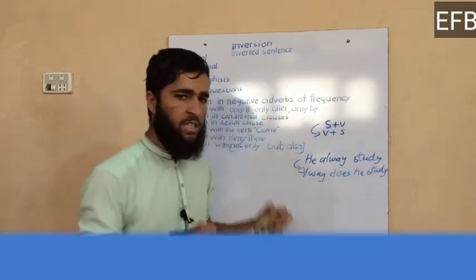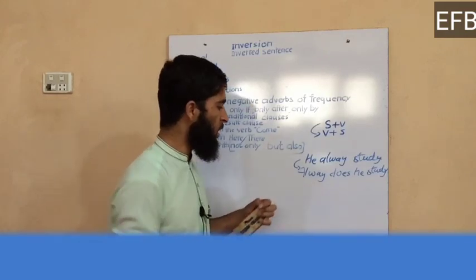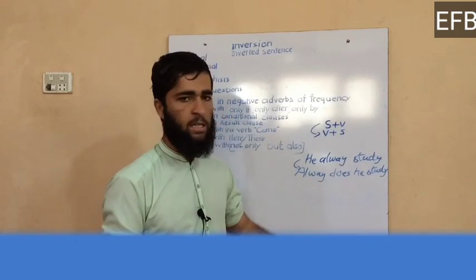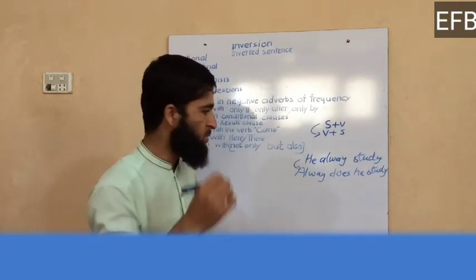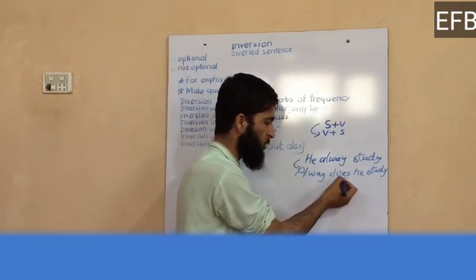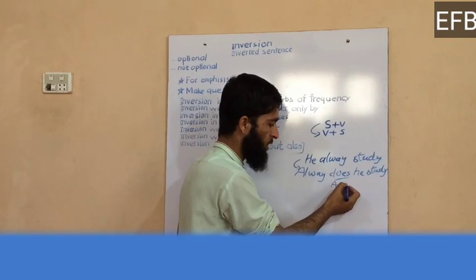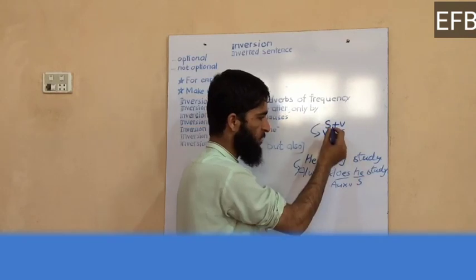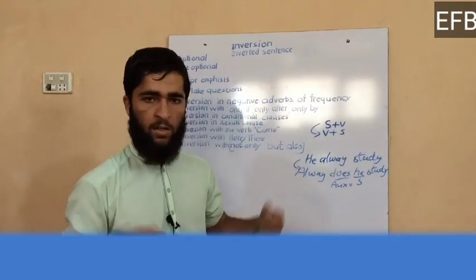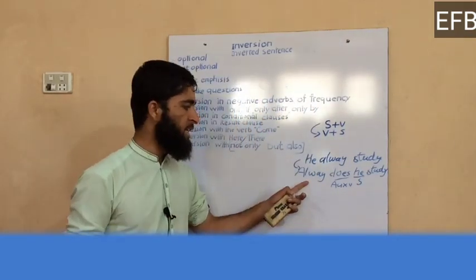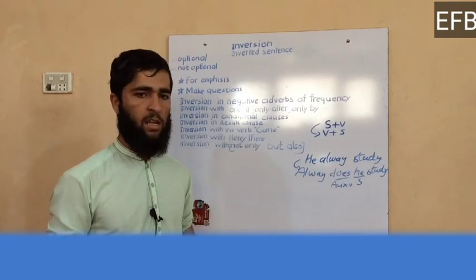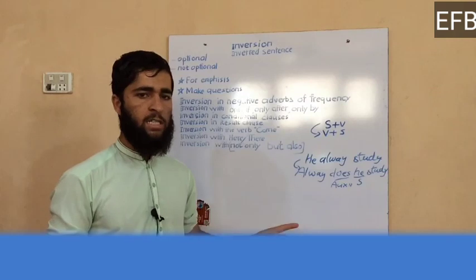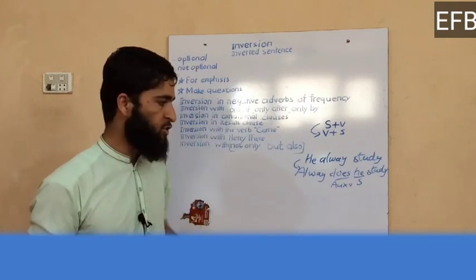Now in this sentence you could see always. So: Always does he study. Now inversion has been applied because first we have verb, or you could say auxiliary verb, then we have subject. As I told you, inversion has been applied when I say always does he study, never does he come to class, never does he come on time, and so on.